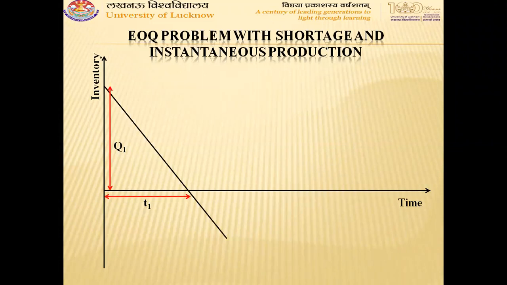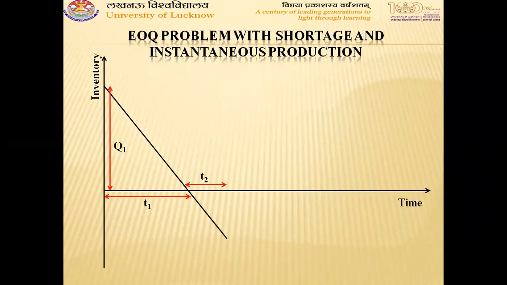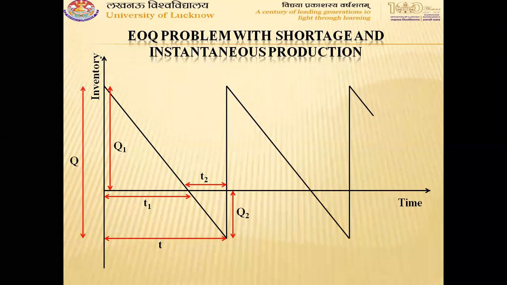But since during T2 only consumption goes on and no production is done, it will create shortages and go beyond 0, that is to negative values below the axis. When it reaches a particular quantity Q2, a new order is placed and the size of the new order will be Q. Then it will be available immediately, and in the same manner it will go on.